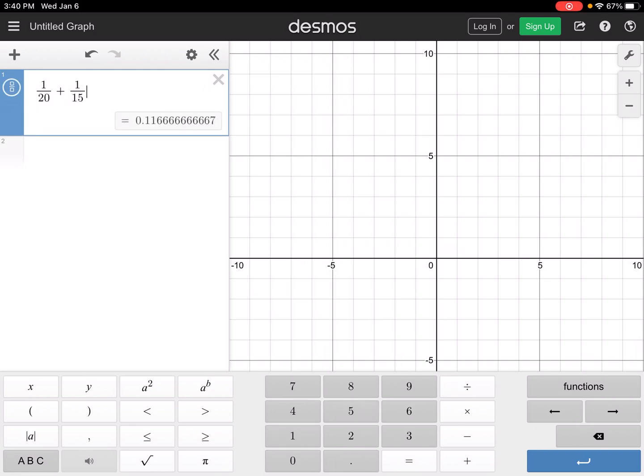And to that, we're going to add 1 divided by 8. So when we do that, we get 0.24166.